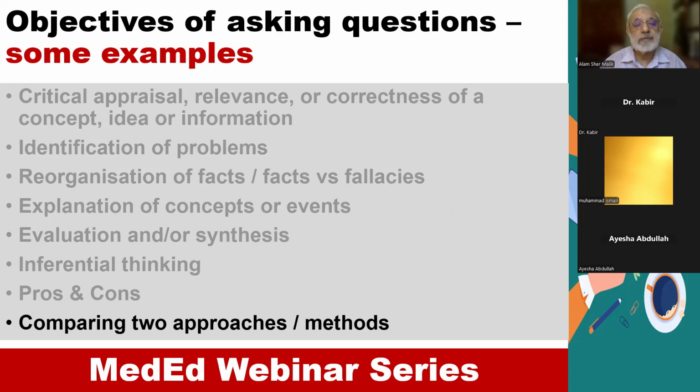So these are different kinds of objectives which we can use in essay type questions. And these objectives can only be assessed effectively and efficiently in essay type questions and not in multiple choice type questions.